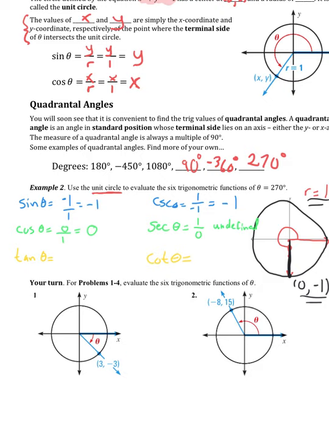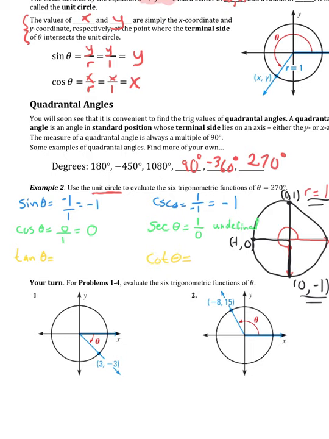So what happens is the radius is definitely 1, the radius of the circle. So, for example, if it was a 90-degree angle, then this point would be (0, +1). If it was a 180-degree angle, this point would be (-1, 0). So the x value would be -1, but the y value would be 0, just because it's on the ordered pair.